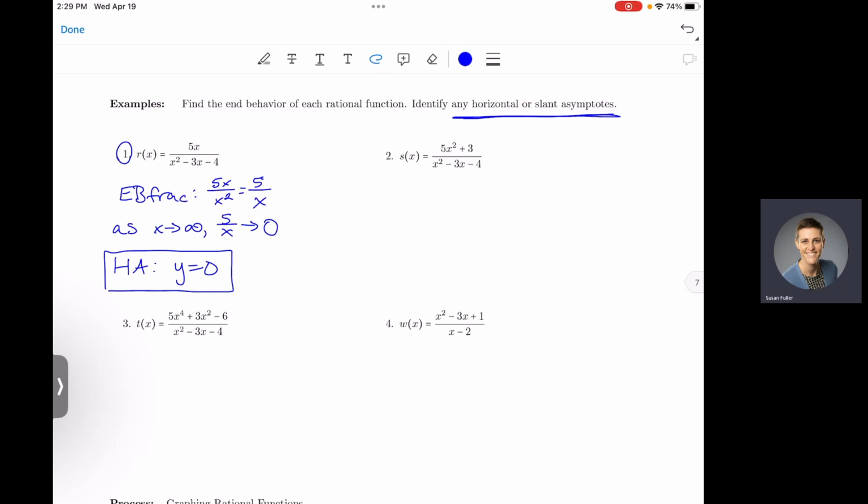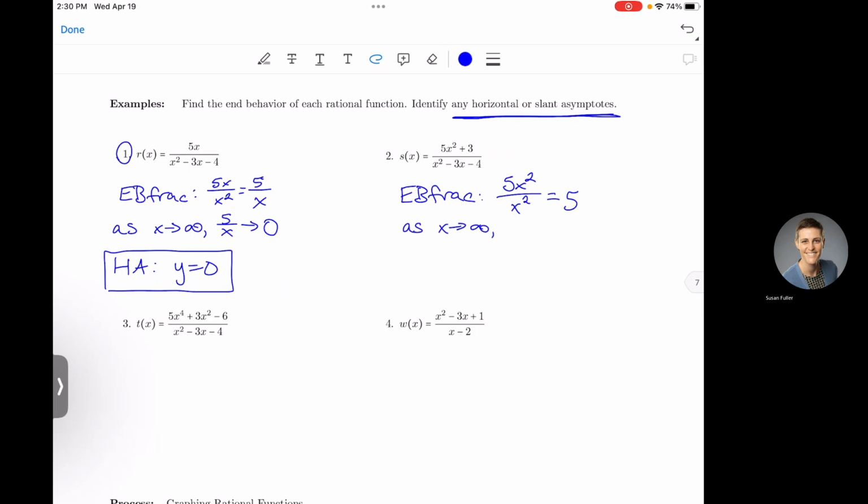All right, number 2. To find our end behavior fraction, we will do the leading term on top, which is 5x squared, and we're going to divide by our leading term on the bottom, which is x squared, and we are going to simplify that. 5x squared divided by x squared is just 5. Now, as x approaches infinity, 5 goes to 5.